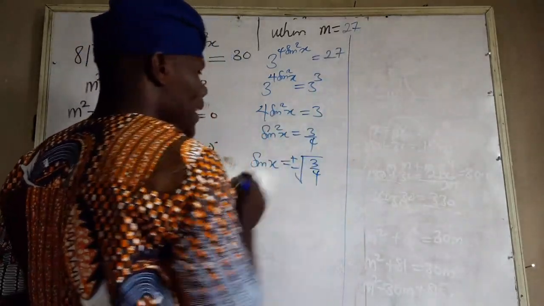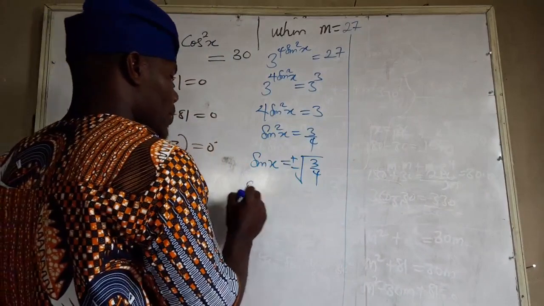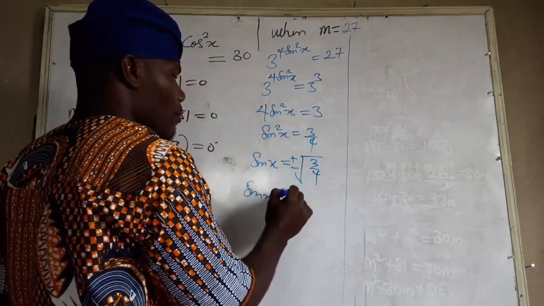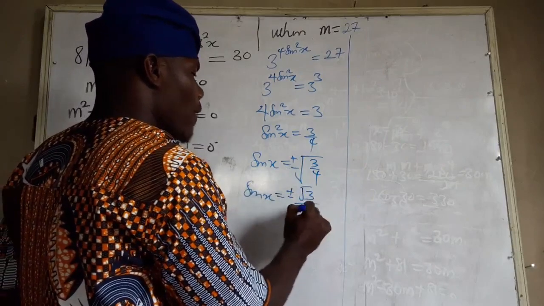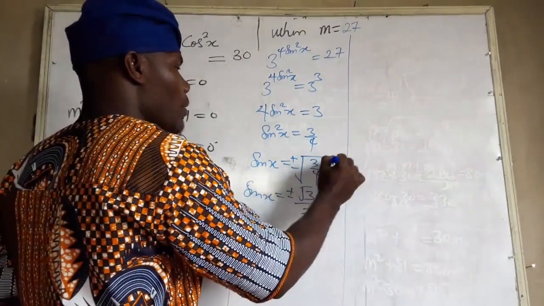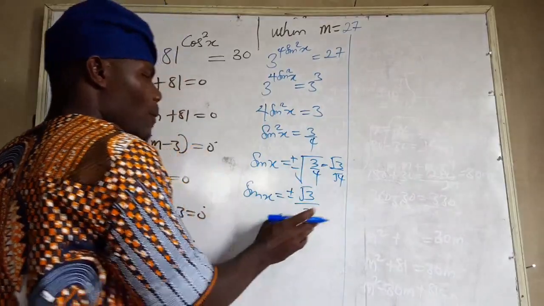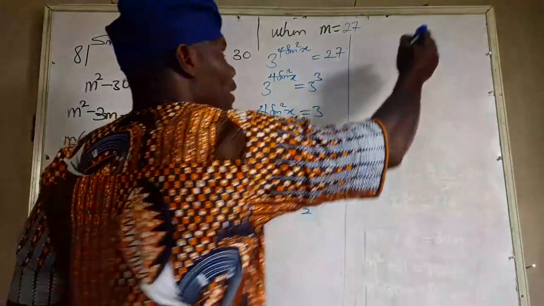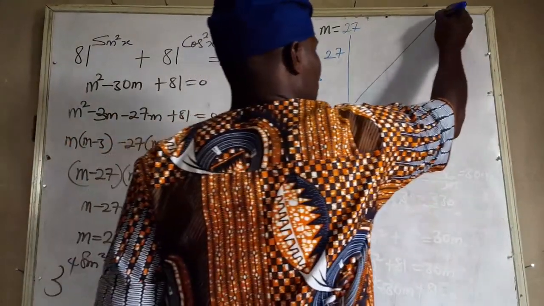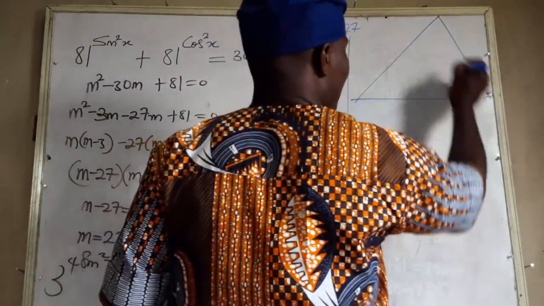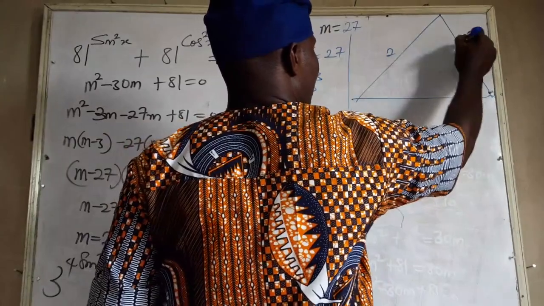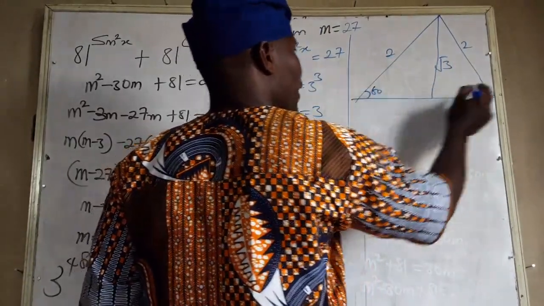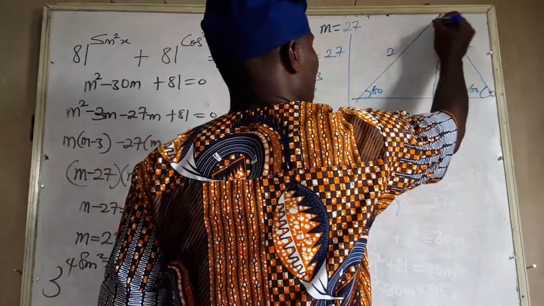Now, meaning that sine x will give us plus or minus root 3 over 2, because this will give you root 3 over root 4. So how do we see this? You can still remember the trigonometric ratios for an equilateral triangle. We have 2, we have root 3, we have 60, and we have 30.